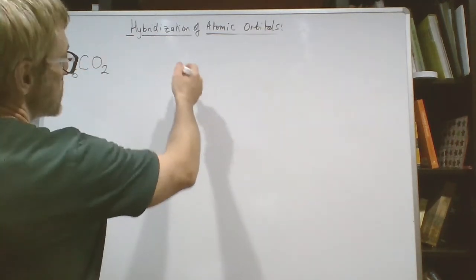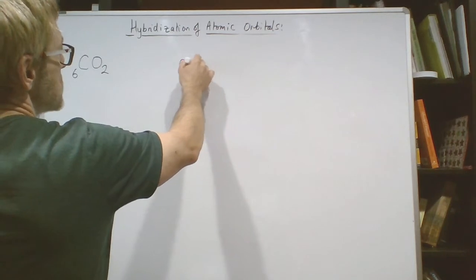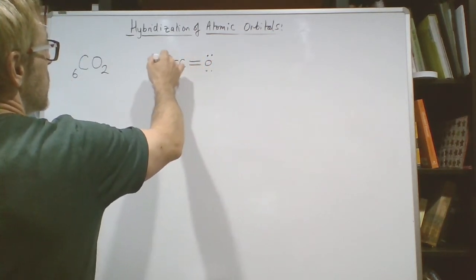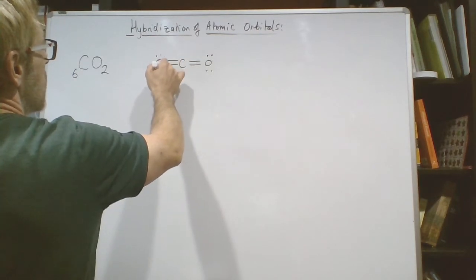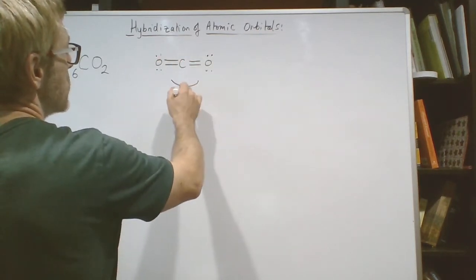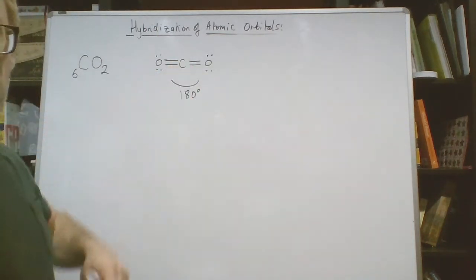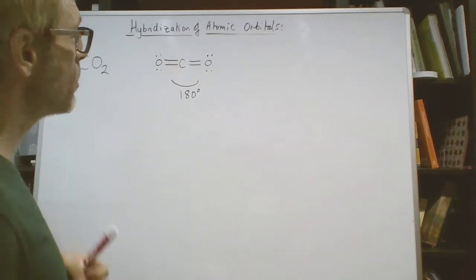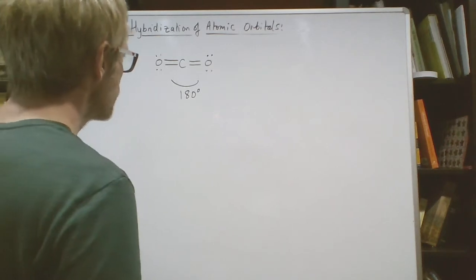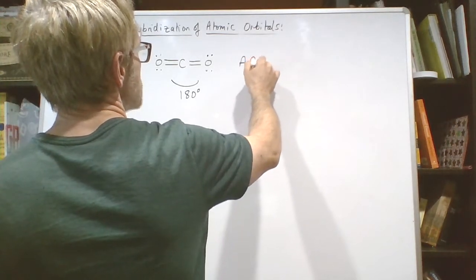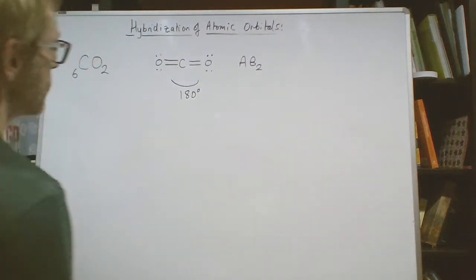We know from VSEPR theory that CO2 has a linear structure. We know it has a 180-degree bond angle. So it's got the presence of double bonds, and it's got a 180-degree bond angle. It's an AB2 system. So how can we incorporate that?